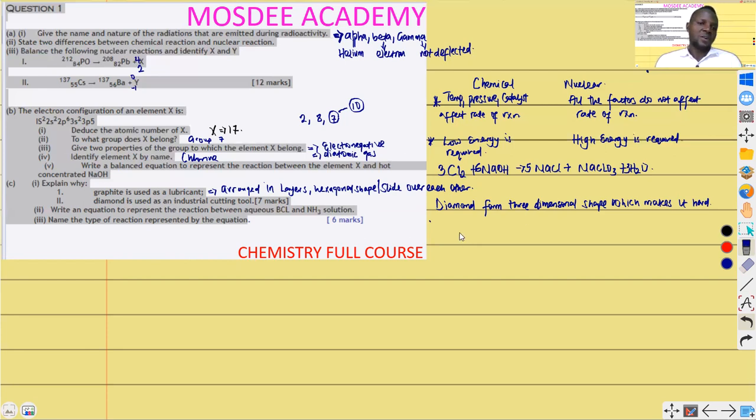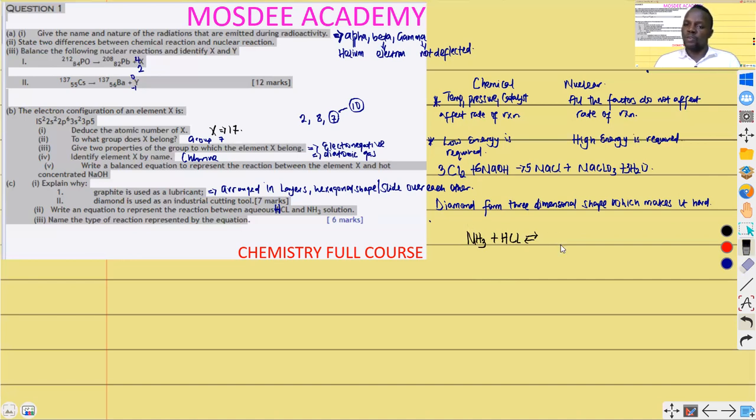Aqueous ammonia, NH3, is a base. We've talked about this time and time again with hydrochloric acid. They say the nature of the reaction can be easily reversible, so you can say it's a reversible reaction. Remember that.